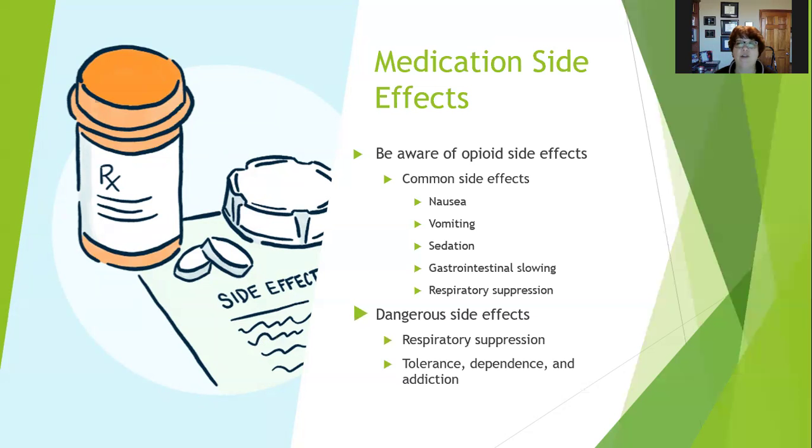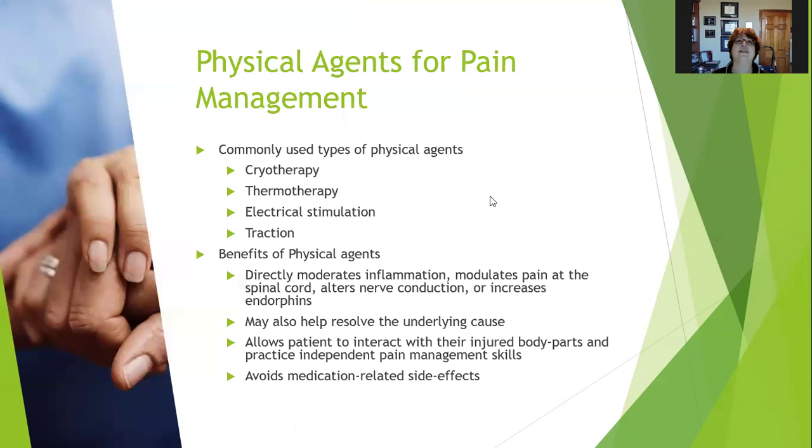So if you recall from what I said in pathophysiology, when people die from opioid overdoses, they die from respiratory acidosis because they stop breathing and they can't breathe out their CO2. The most dangerous side effects of opioids are respiratory suppression and tolerance, dependence, and addiction. So those are some bad side effects.